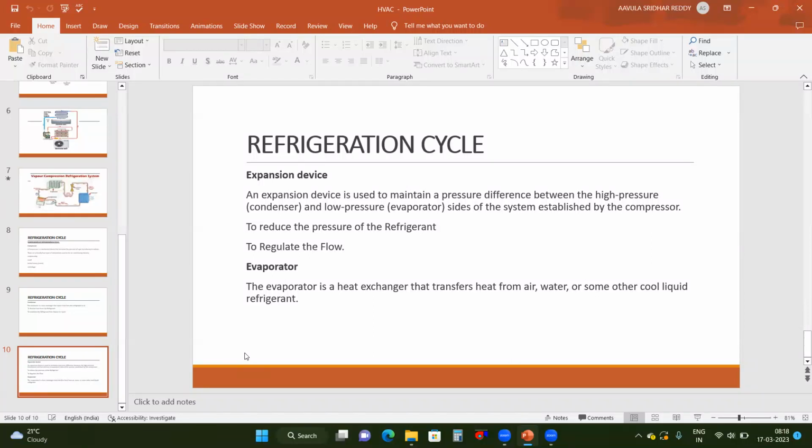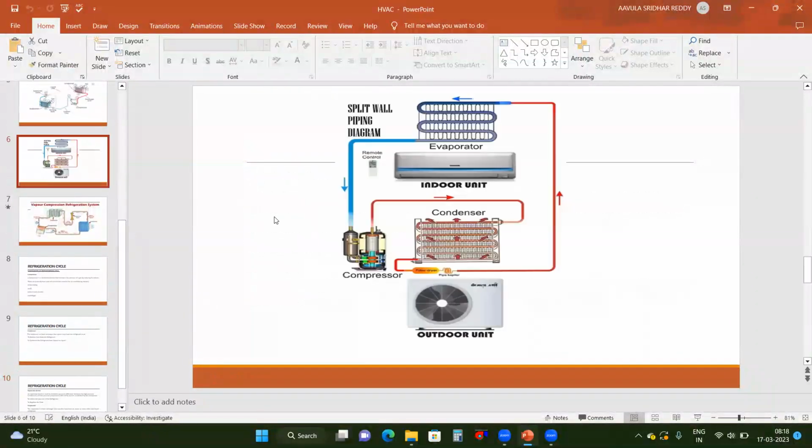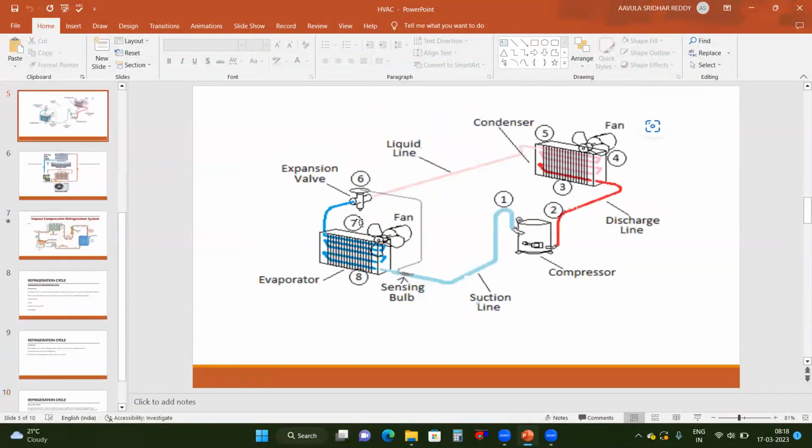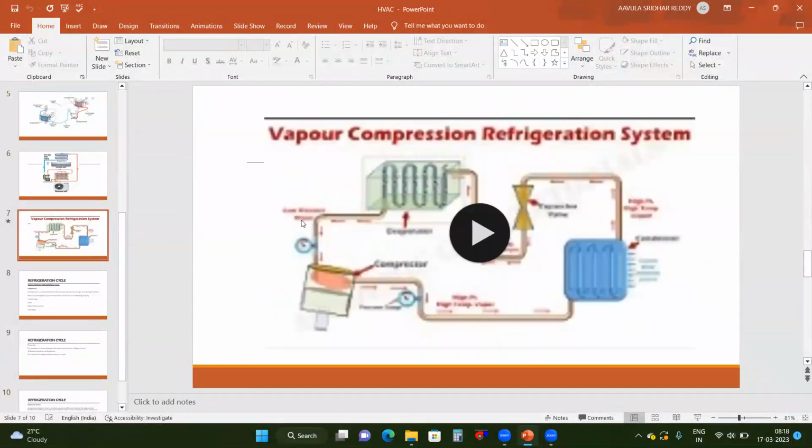After the condenser the pressure is high, and after the expansion it is low pressure, so it maintains a pressure difference between the condenser and the evaporator. This is the expansion valve. Before this it is high pressure, high temperature. After this it will be low pressure and low temperature. So it will maintain that pressure.